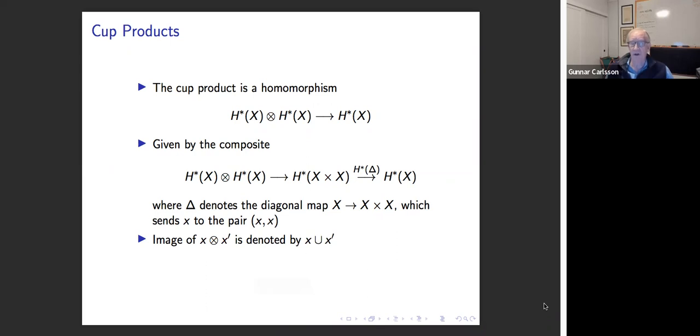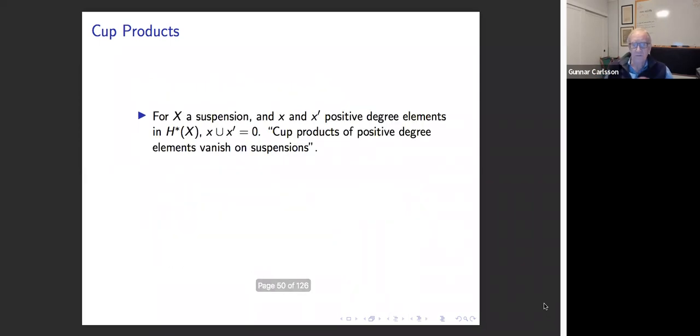And it turns the cohomology of X into a graded K-algebra. So it becomes a ring now instead of just a graded vector space. That's additional structure, very, very useful. And a very useful fact here is that for X a suspension, and x and x prime positive degree elements in the cohomology of X, x cup x prime equals 0.